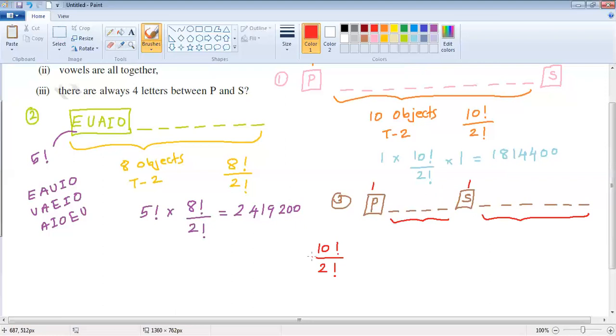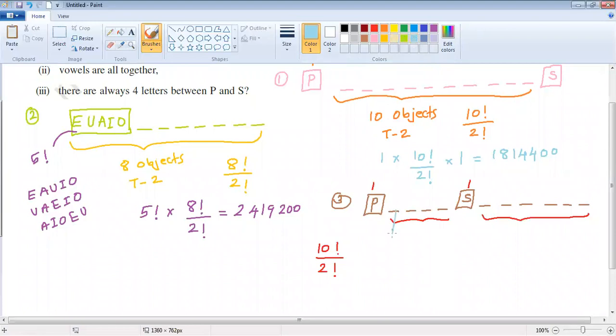In 10 places, we have to write the remaining 10 letters. So the number of arrangements is 10 factorial divided by 2 factorial, because T is repeating 2 times. So with this position, 10 factorial by 2 factorial arrangements are there.